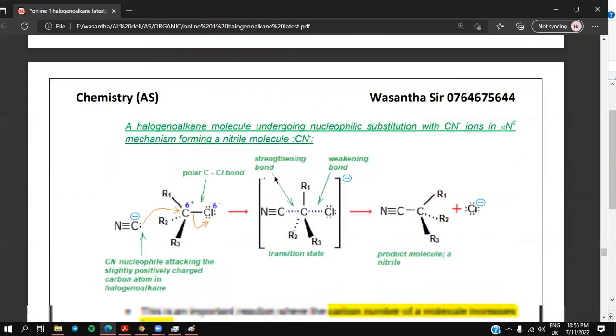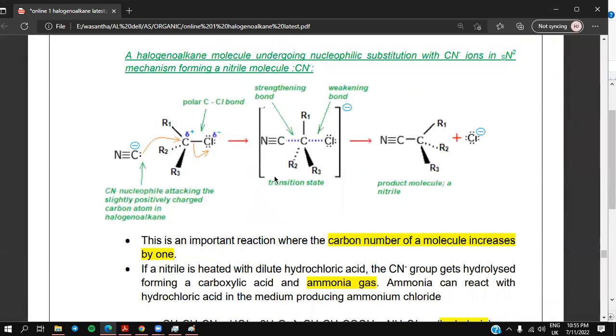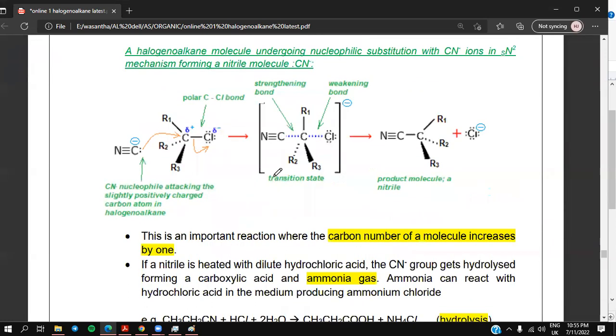It's about halogenoalkane reaction with potassium cyanide. A halogenoalkane molecule undergoing nucleophilic substitution with cyanide group in an SN2 mechanism, forming a nitrile molecule.